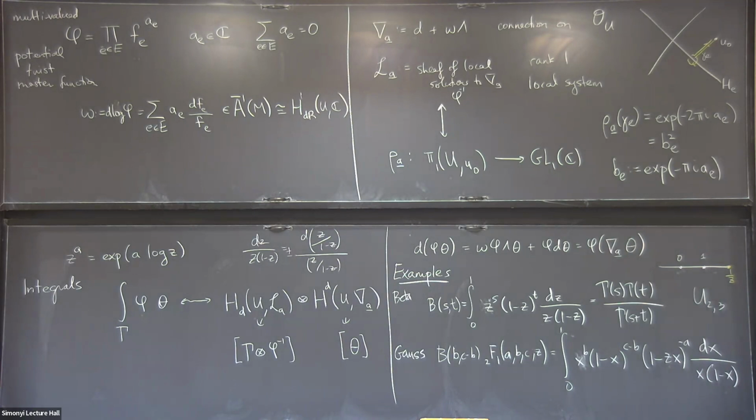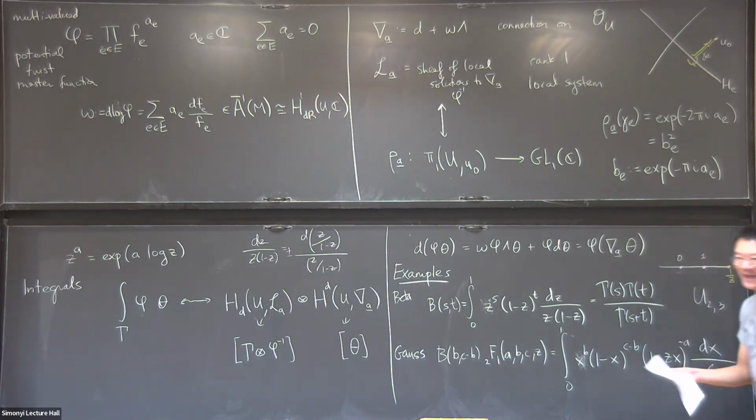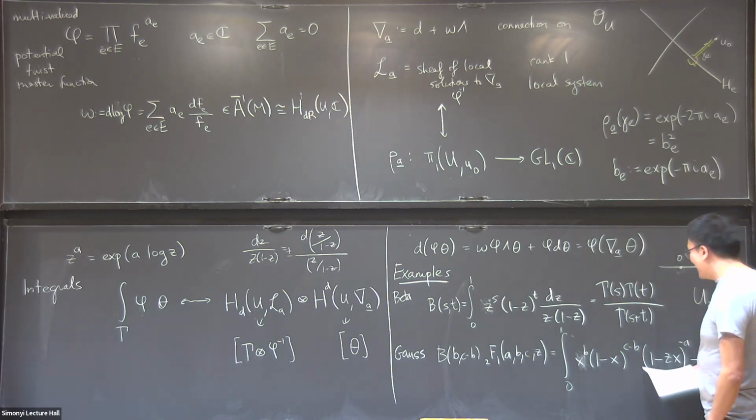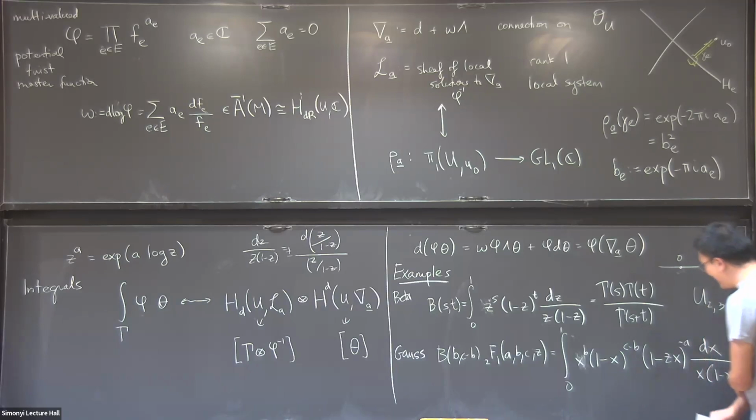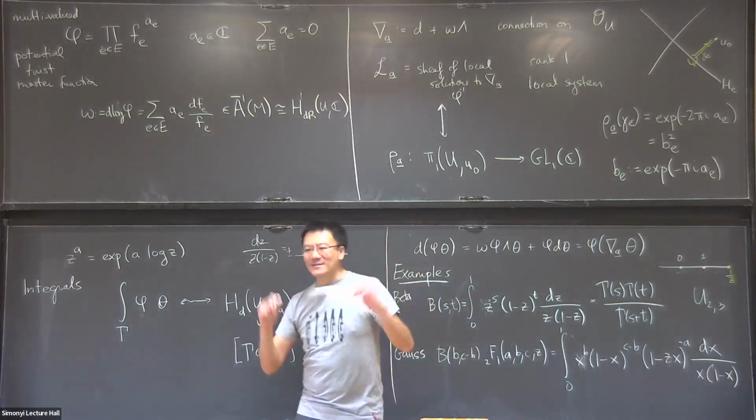Why was Gauss looking into this kind of thing? Actually, I don't know why Gauss was looking into these integrals. I think it has to do with finding differential equations which have nice solutions.